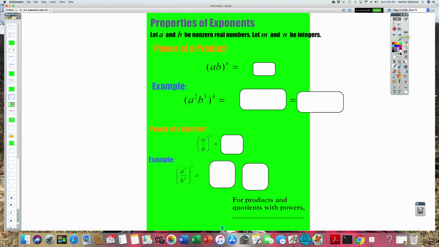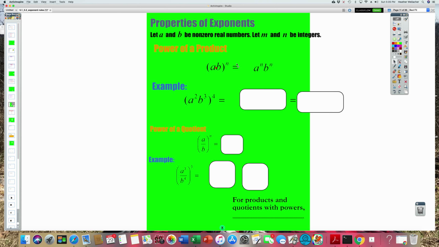So next we have what's called the power of a product. It says if you have a product, and remember product means multiply. So here it says a times b. Remember there's an understood multiplication there. So if you have a product to a power here, it's essentially that you distribute that exponent. So that would give you a to the n, b to the n.